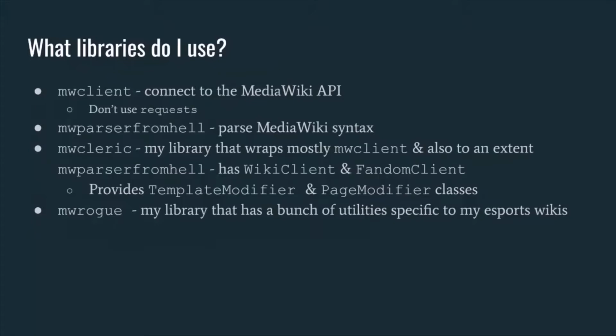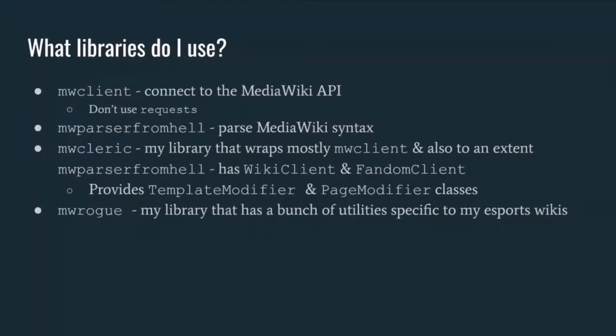Additionally, I have recently released 2 other libraries that used to be a single library with all of my stuff, but really they belong in 2 separate things. I have this RPG class thing going, where it's MW Cleric and MW Rogue. Basically I used to have all of my functionality for general MediaWiki stuff and for what I do for work specifically in a single library.